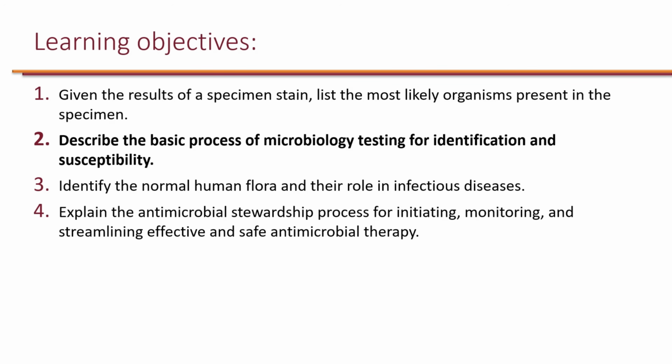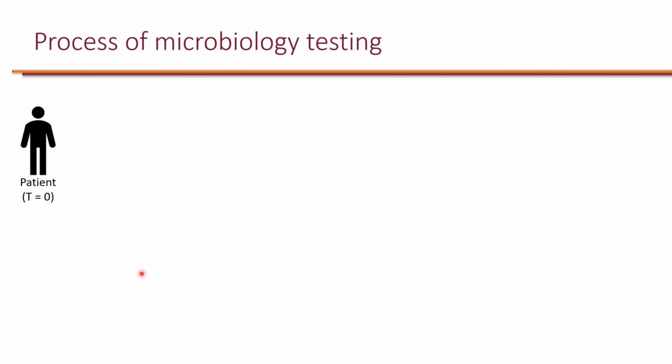Now let's describe the basic process of microbiology testing for identification and susceptibility. Let's take a look at the process when a patient who's suspected to have an infection presents. When the patient presents with symptoms and signs of an infection, we'll call this time 0.